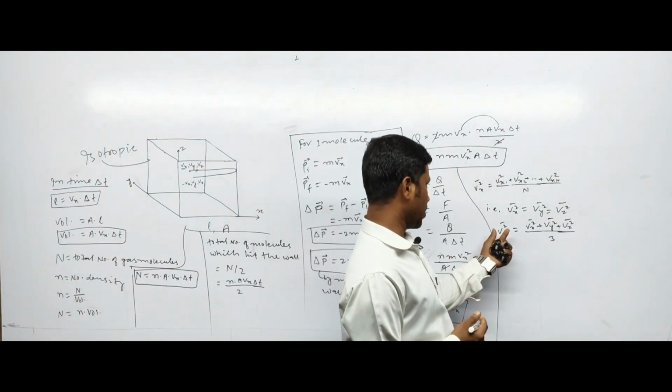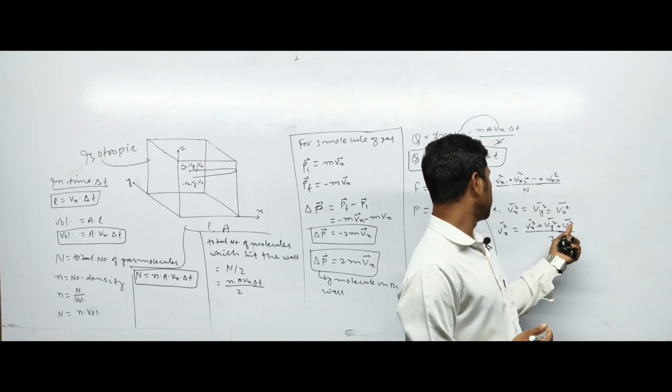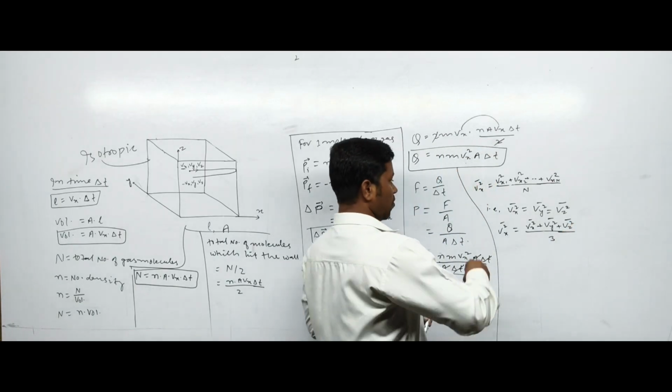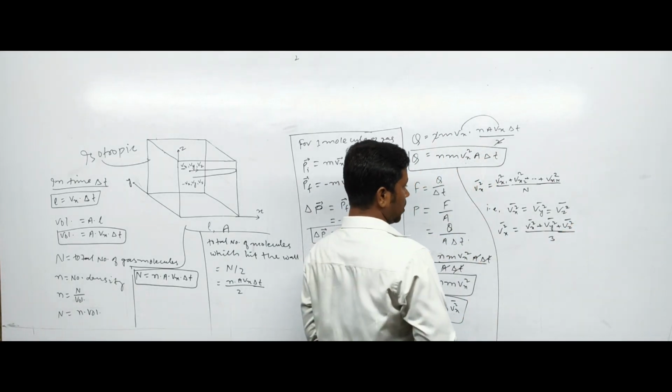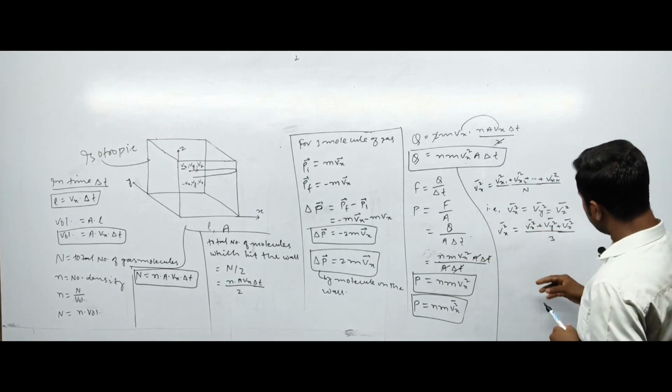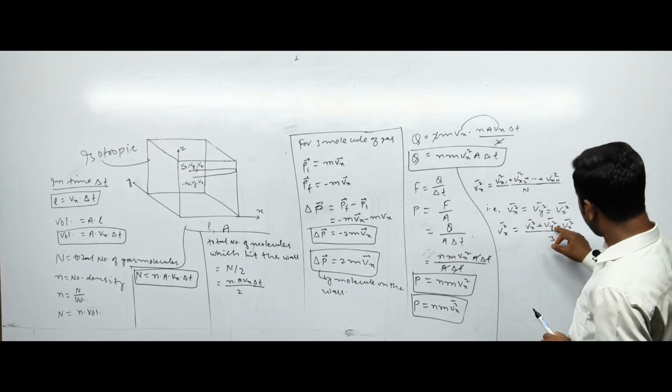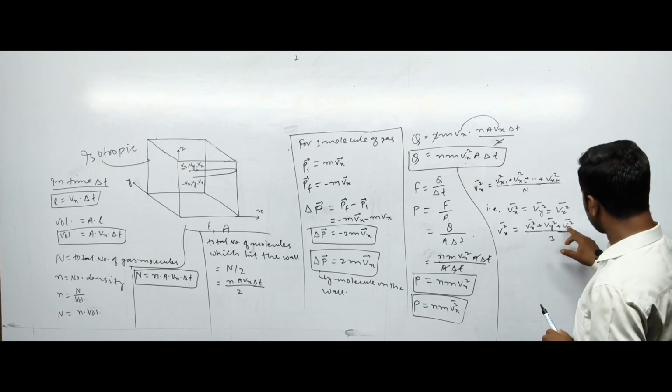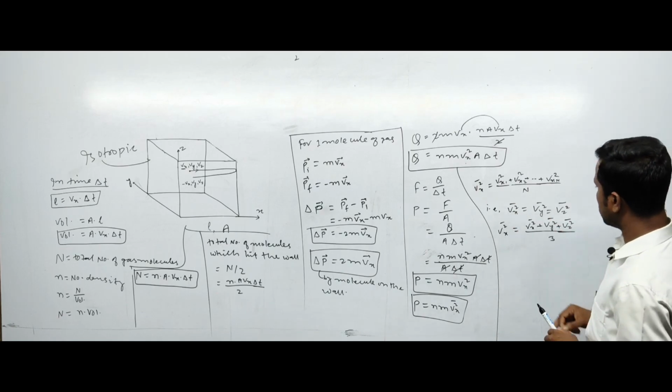If you are confused about how to write this formula, we will check it. As you know, all three are the same, so just put Vy square bar equal to Vx square bar and Vz square bar equal to Vx square bar.